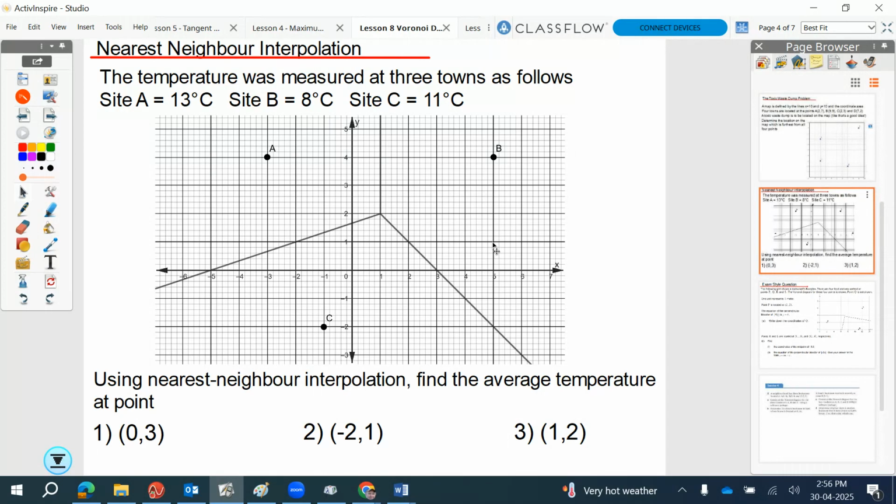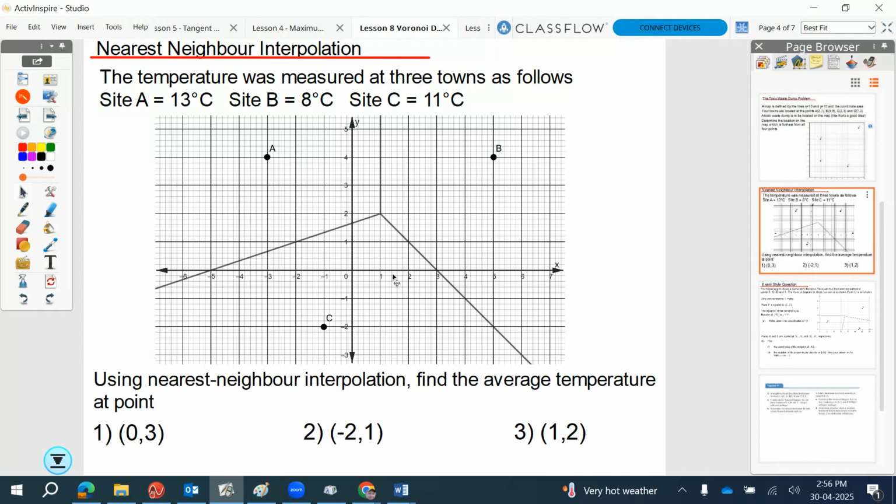If we take a point here at 5,1, then it's going to take the temperature of 8 degrees, which is the location of site B. Now if it lies on an edge, then we find the average of the two cells that that edge belongs to.